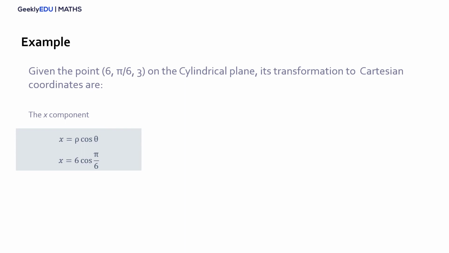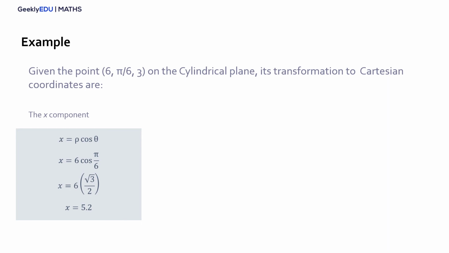This value you can get from our previous video on trigonometric functions, and we have that x is equal to 6 multiplying the root of 3 divided by 2. So our final number is x equal to 5.2.